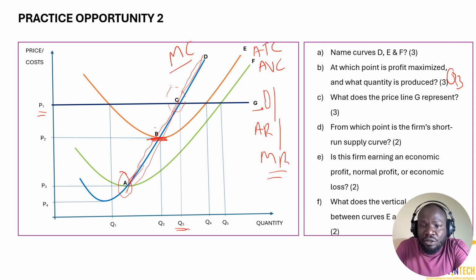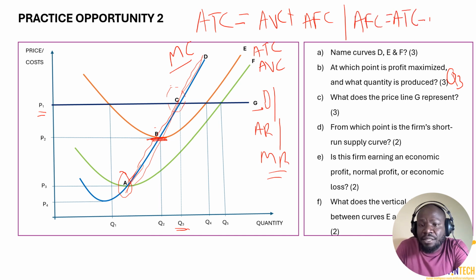Remember, E is average total cost, F is average variable cost. Your average total cost is equal to average variable cost plus average fixed cost. So the difference between these two curves would be average total cost minus average variable cost, which is the average fixed cost. So this distance between the two represents the average fixed cost.